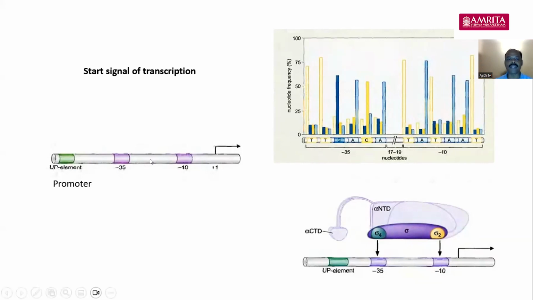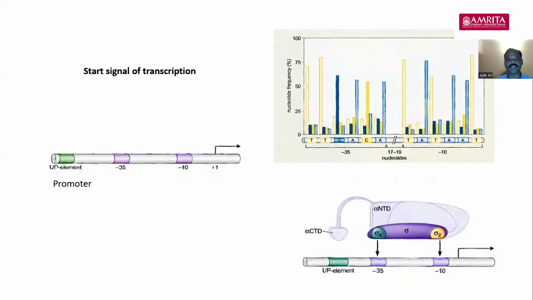Then very importantly, listen very carefully, I will not have time to explain this to you. The distance between these two regions is important. It has to be around 17 to 19 nucleotides. So if a transcription has to start somewhere, you have to have the sequence: a -10 region and a -35 region, separated by 17 to 19 nucleotides.